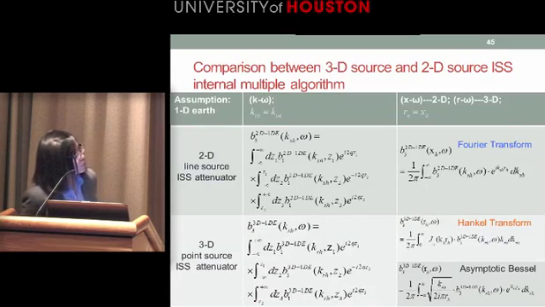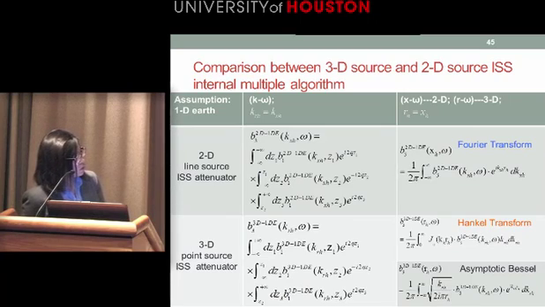Okay, to compare this reduced 3D algorithm and the current 2D source algorithm, we make this chart. And you can see our assumption is 1D Earth for both. In the reduced form 2D algorithm, we have the expression for B3 here. And after we get B3, we need to do the Fourier transform to transform B3 back to the spatial domain.